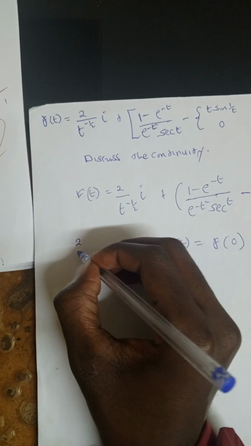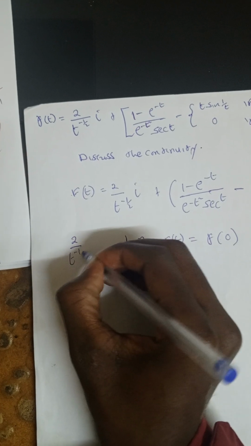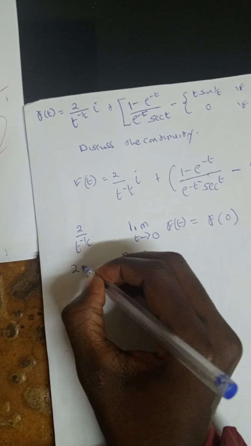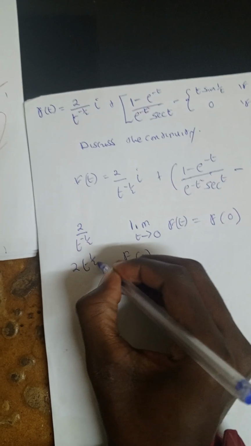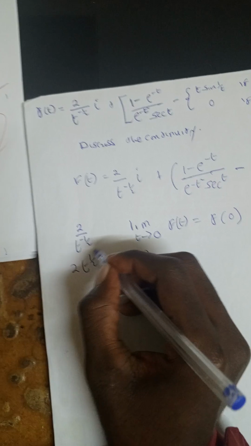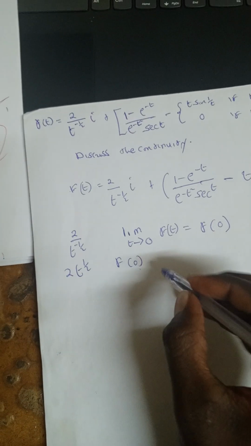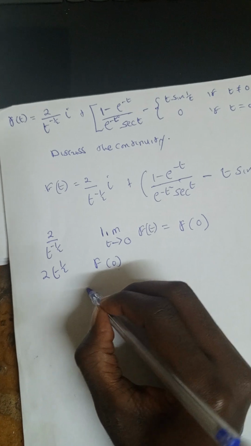So 2 over t to the power negative half can be rewritten as 2 multiplied by t to the power half, because the power is negative. When it goes on top, it becomes positive. Now let's substitute 0 for everything.